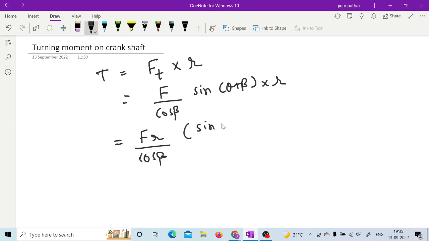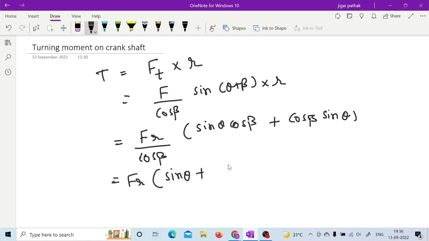If you expand sine theta plus beta, then you can write it as sine theta cos beta and cos theta sine beta, right?